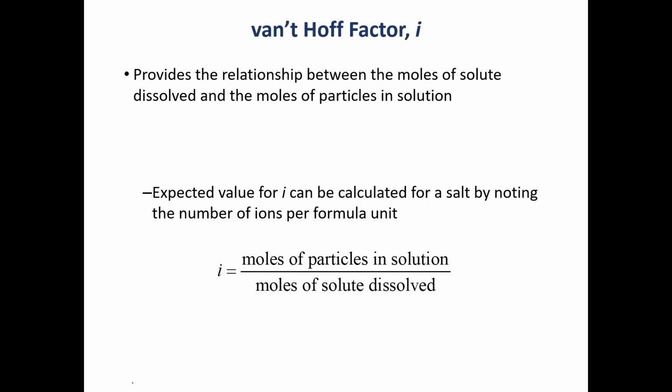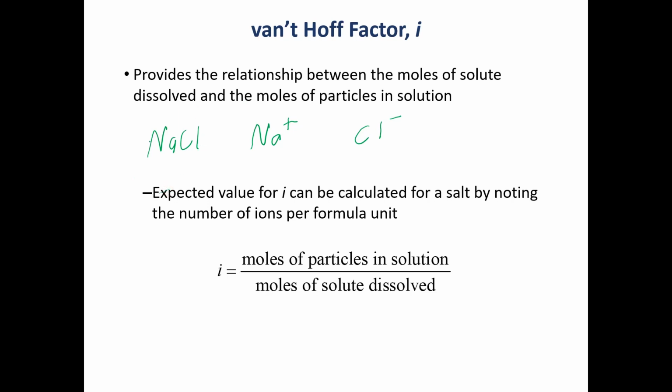For example, sodium chloride does not just dissolve into sodium chloride molecules floating around in solution. You get sodium ions and you get chloride ions. So we actually get 2 moles worth of ions out of this 1 mole that gets dissolved.